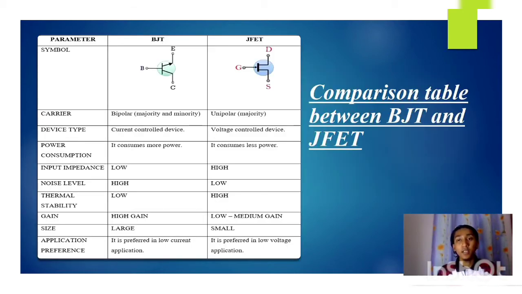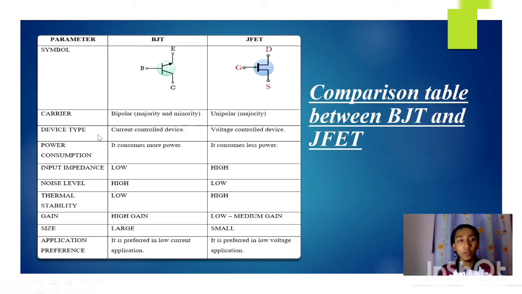Ni adalah comparison table between BJT and JFET. Di sini terdapat simbol untuk BJT dan JFET. Carrier untuk BJT ialah bipolar. Carrier untuk JFET ialah unipolar.